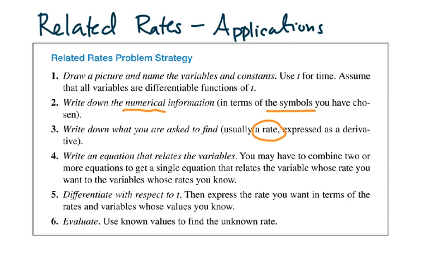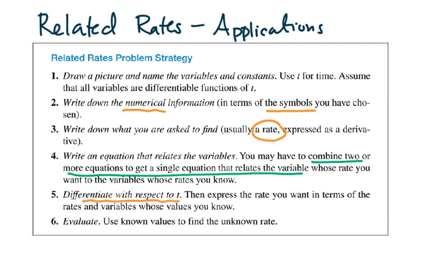So the hard part here is we need to write our equation, and sometimes we may need to combine two or more equations to get a single equation that relates the variable whose rate you want to the variable whose rates you know. And then the big thing here is we're going to differentiate with respect to t.